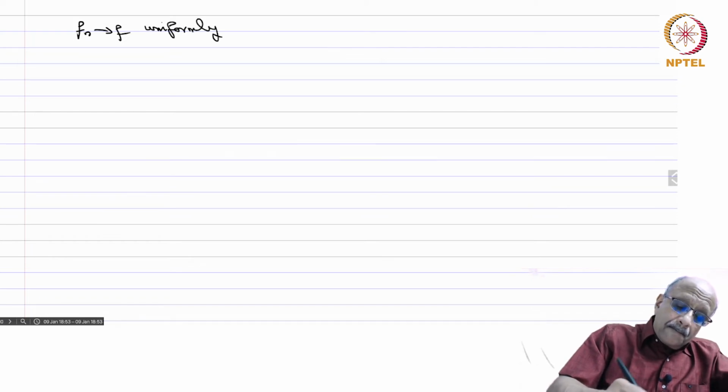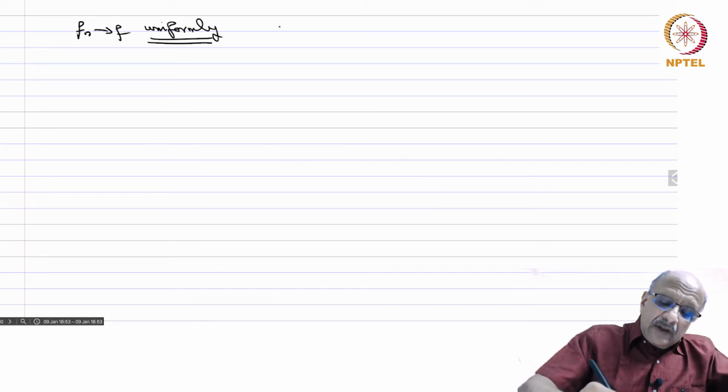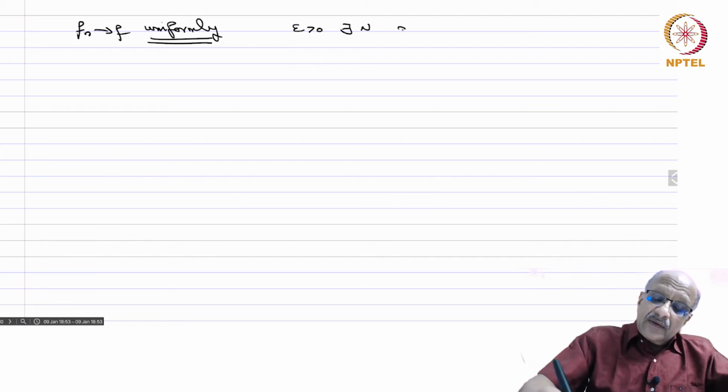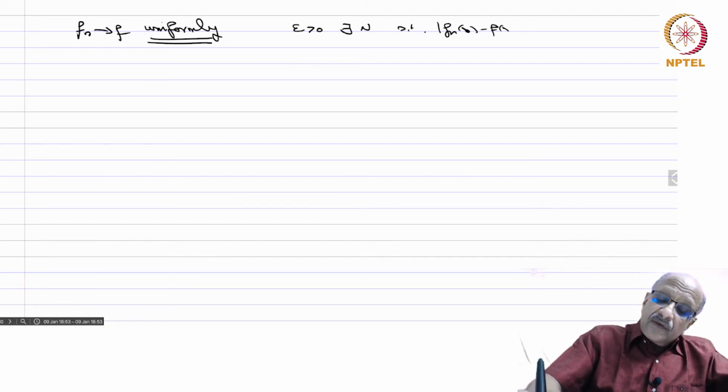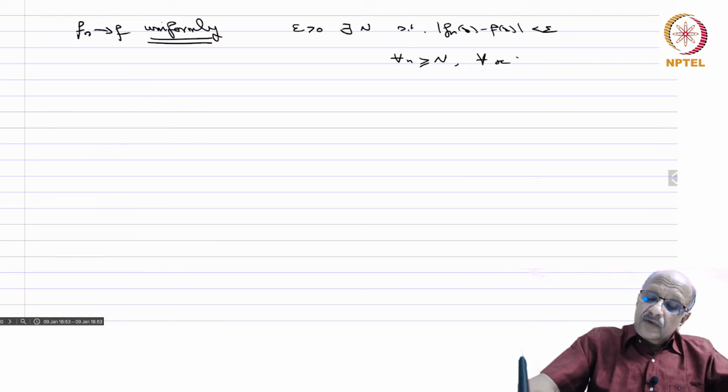So if f_n goes to f uniformly, that means given any epsilon, there exists a capital N such that mod f_n(x) minus f(x) is less than epsilon for all n greater or equal to N and for all x in [0,1].